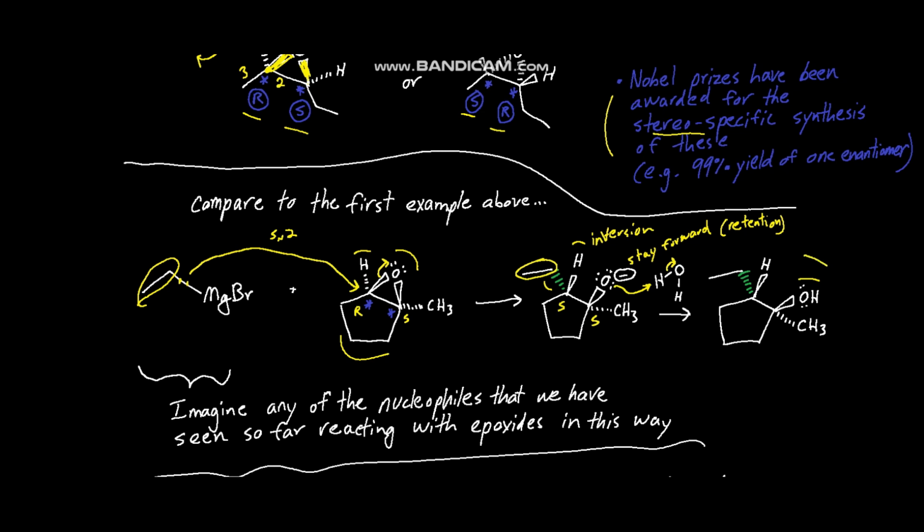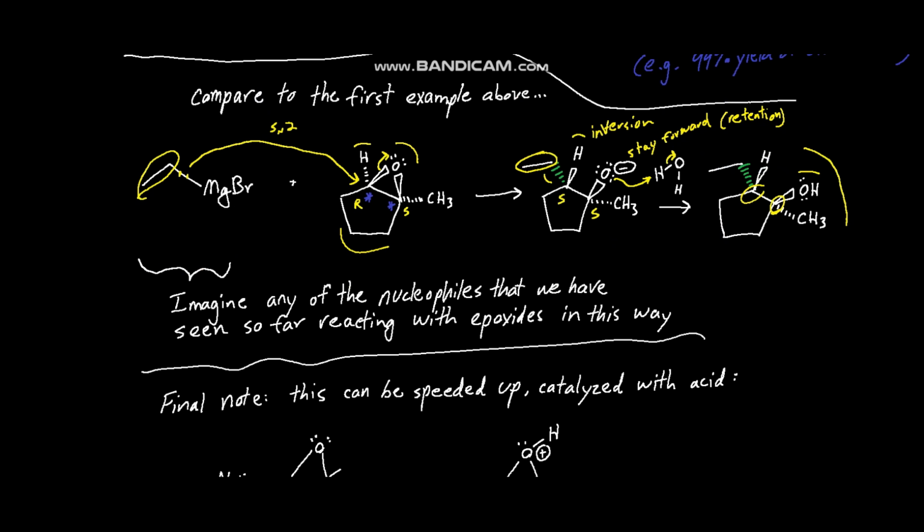So it's easy to see why those Nobel Prizes were awarded, maybe, because imagine an important drug-like compound. The stereochemistry at these positions is critical. As we know, some drugs are drugs if it's the right chirality, poisons if it's the wrong chirality. So the other thing, filling in the final piece of all this, is that we can plug in any nucleophile that we've seen to date here.